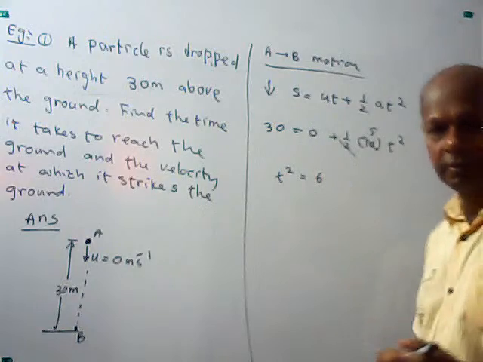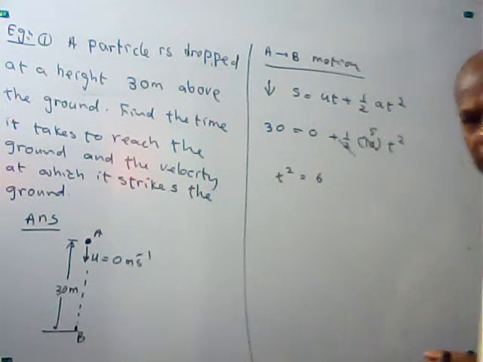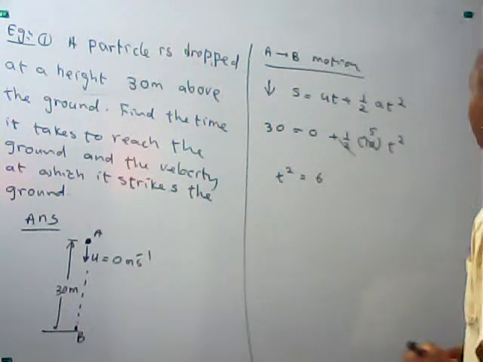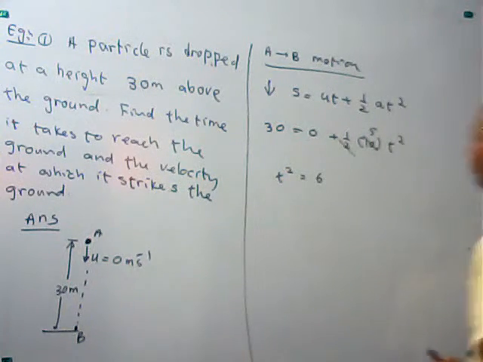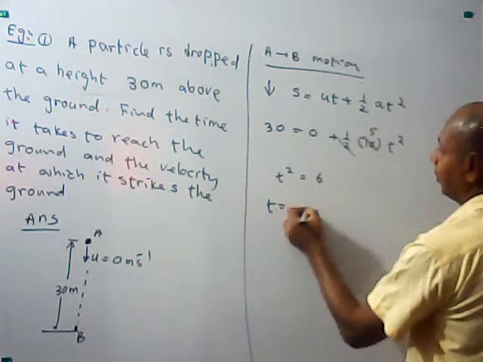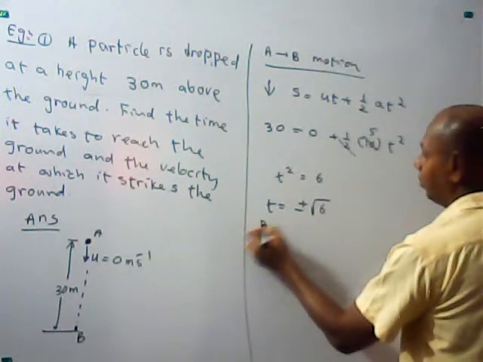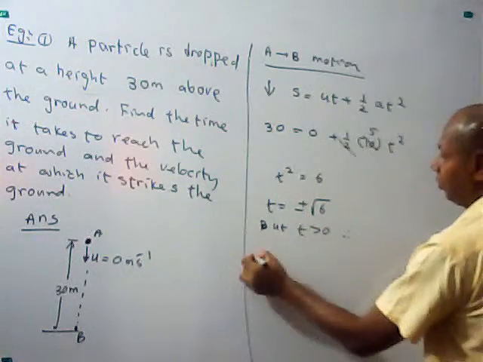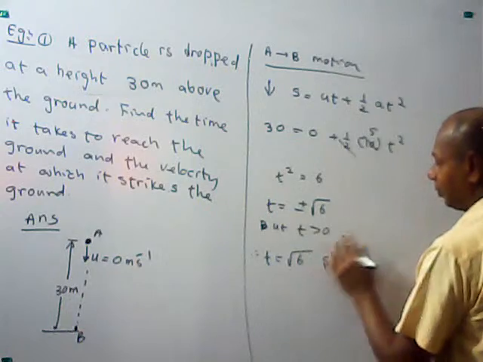It's not 3 seconds, is it, children? So t is root 6, isn't it? Plus or minus root of 6, but it has to be positive. Therefore we take t equals square root of 6 seconds.